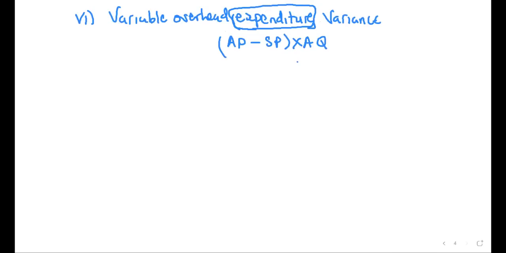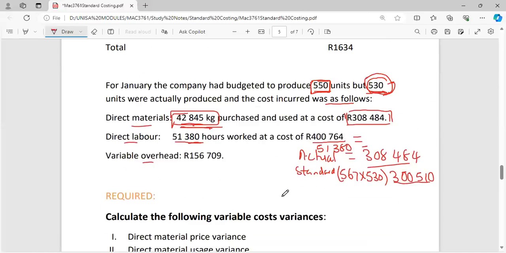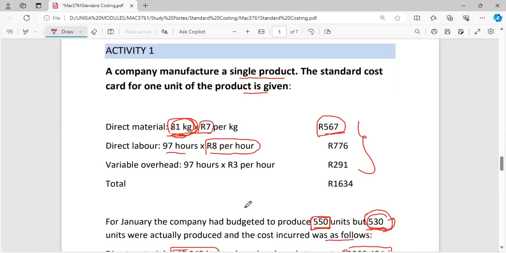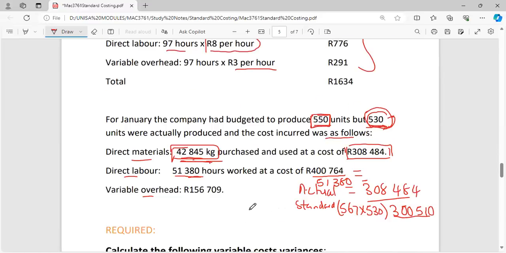So you come and look at your question now. Variable overhead is R3 per hour. Then the actual is 156,709.